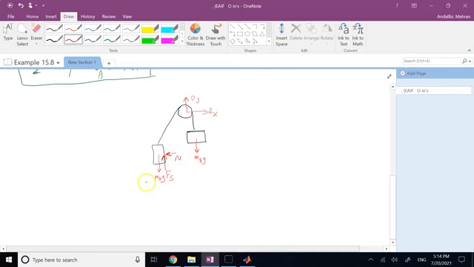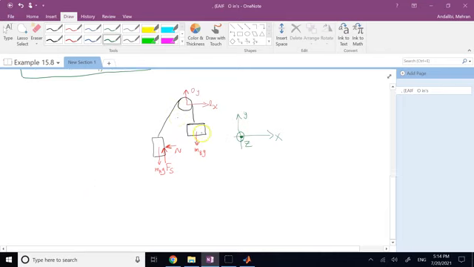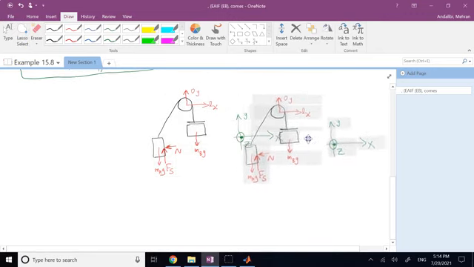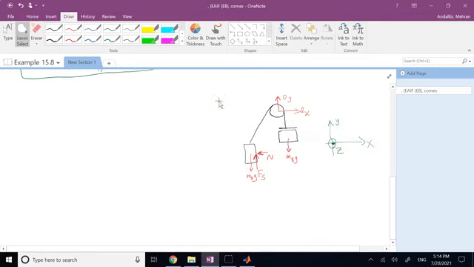So this is my FBD, and I'm going to use the traditional X, Y, and Z coordinate system like this. Okay, so again, I neglected T, and I'll show you why, but this will help me just go with one FBD instead of 2 and not solve for the unknown T, which is not of interest in this problem.